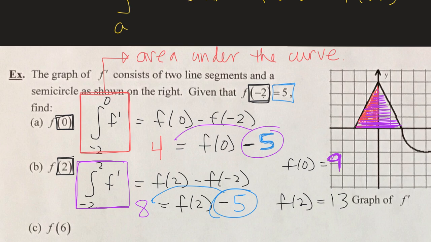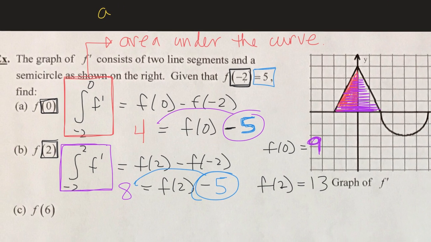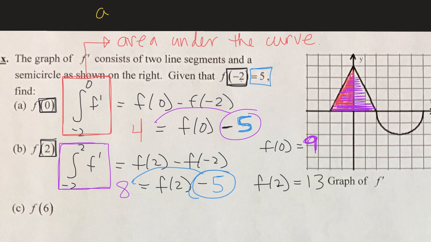Okay, it's all about area under the curve. Now our last one is an upper bound of 6. So I want the area from -2 to 6 of our graph equals f of 6 minus f of -2.